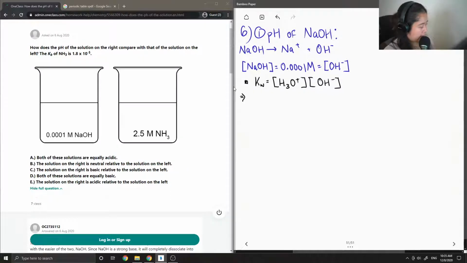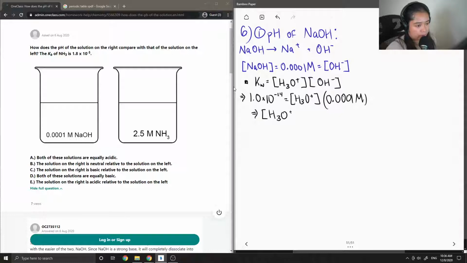The value of Kw is the same, it is just 1.0 times 10 to the negative 14. And we are looking for the concentration of H3O plus. And we know the concentration of hydroxide, which is 0.0001 moles per liter. So then we can just solve for the concentration of H3O plus, which is just 1 times 10 to the negative 10.